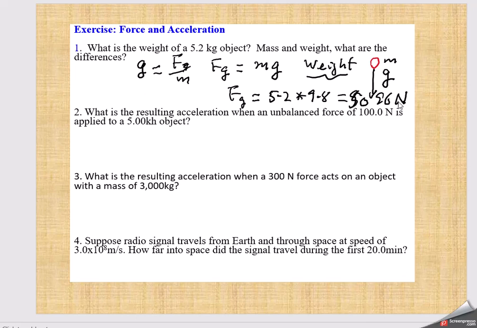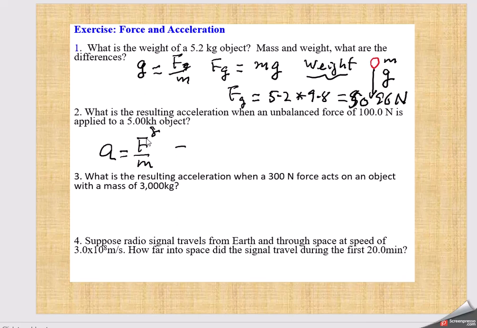So number two, what is the resulting acceleration when an unbalanced force of 100 newtons is applied to a 5 kilogram object? There is a typo here. This is a direct application of Newton's second law. So acceleration is force over mass.